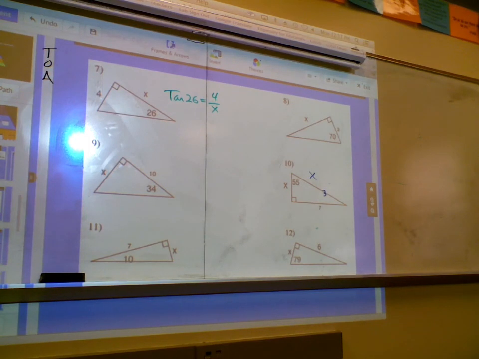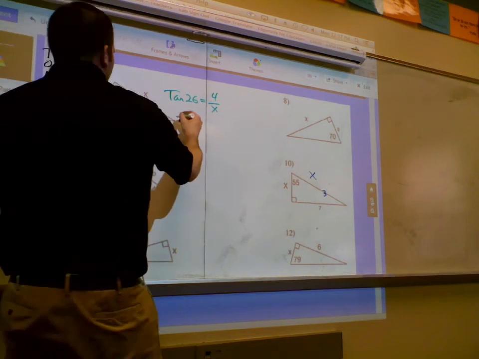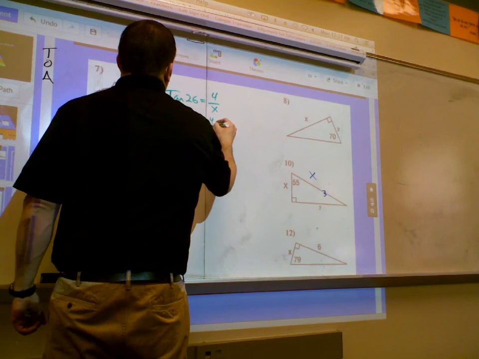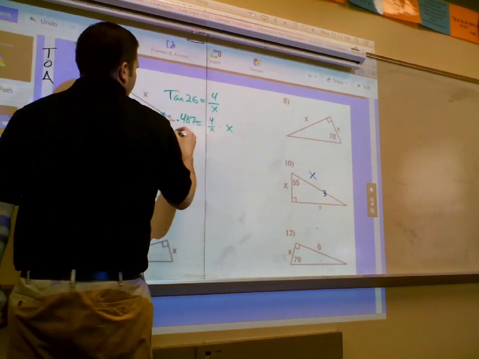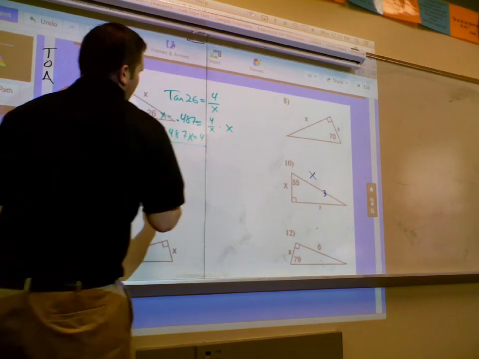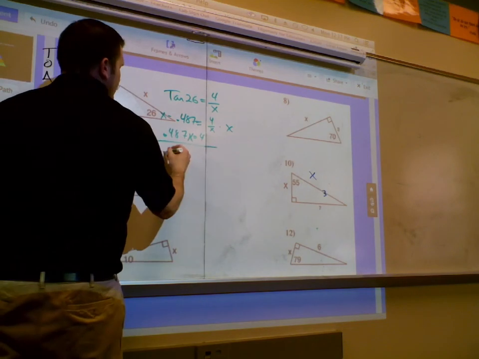Right, what's tangent 26? 0.487. So now you multiply by x, right? So 0.487 x equals 4. What do you do now? Good.